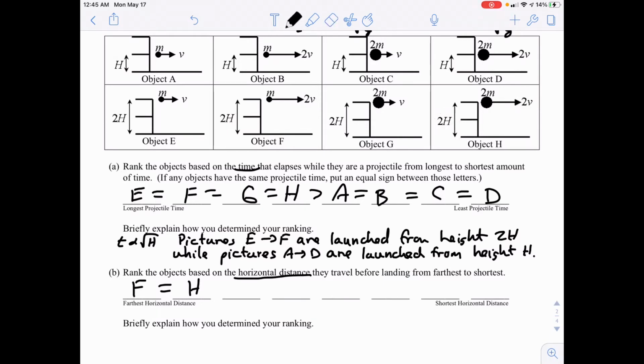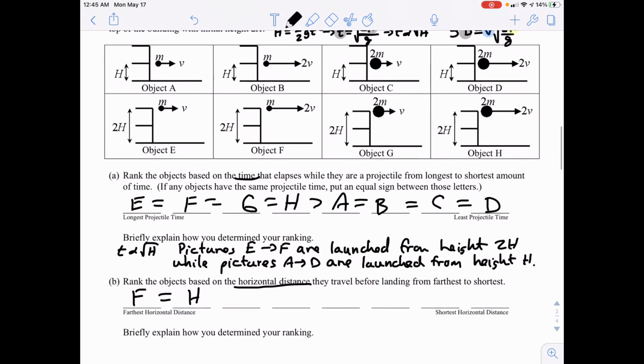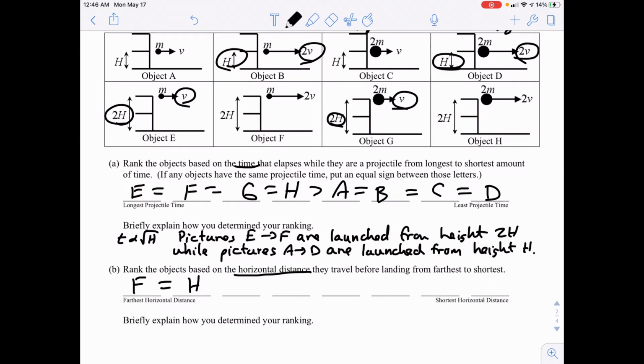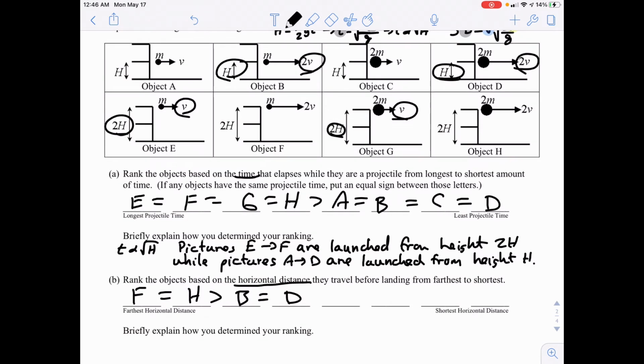Next would be a combination of either 2H and V or H and 2V. So 2H and V, 2H and V, 2V and H, 2V and H. Now, which one would be greater?